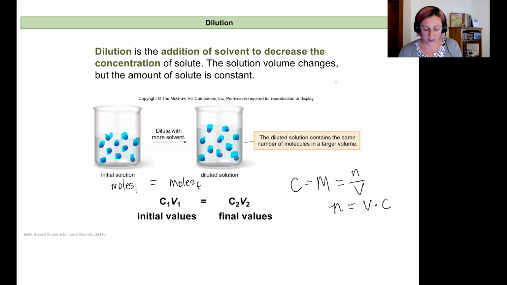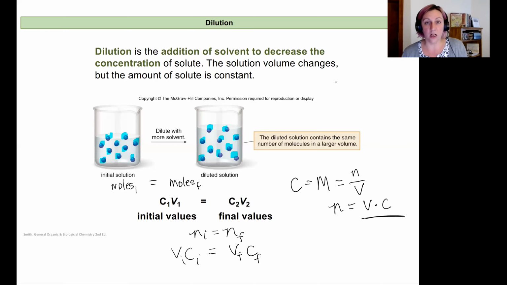And if the number of moles initially is equal to the number of moles in the final solution for our solute, since that hasn't changed, then our initial volume times concentration is equal to our final volume times our final concentration.